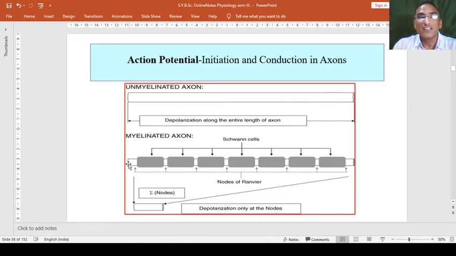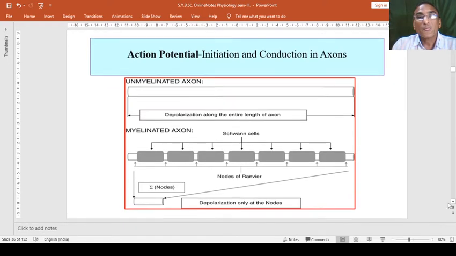In a simple way, a piece of axon works as a node.